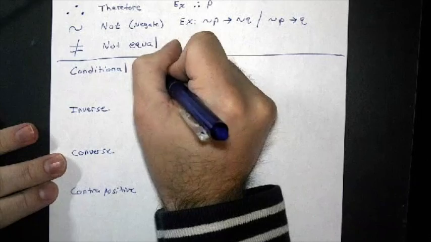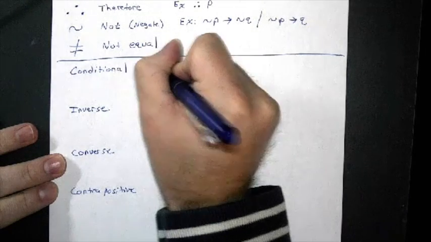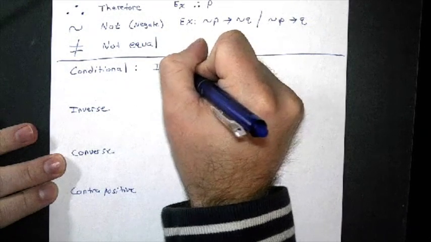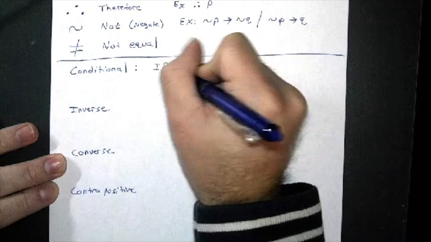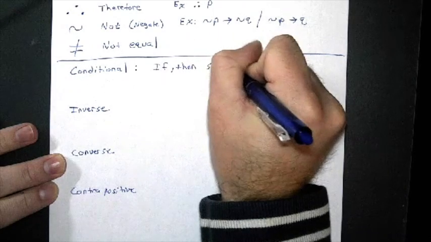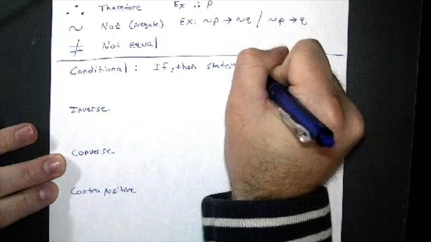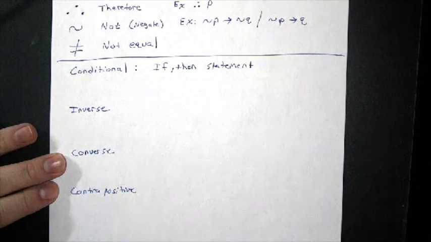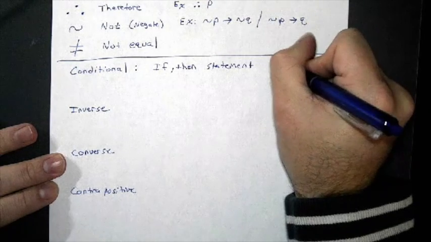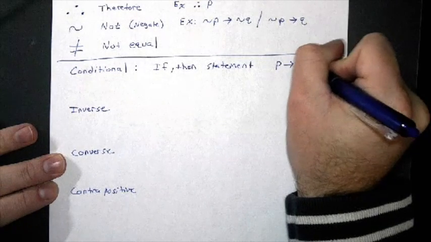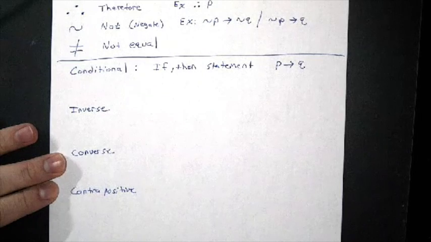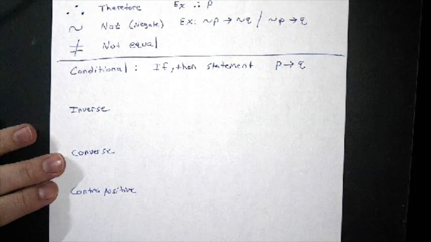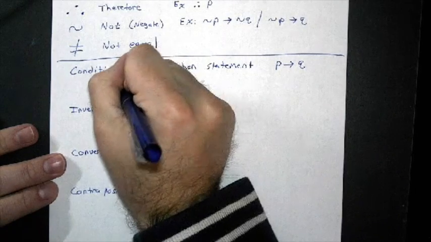The conditional statement, all a conditional statement is just an if-then statement. And it may or may not be true. It doesn't have to be true. It just has to be stated as if-then. And symbolically, that's going to look like if P, then Q. And so I'm just going to give you an example of an if-then statement.